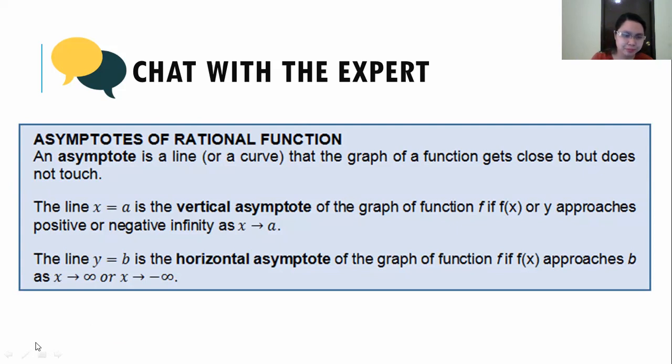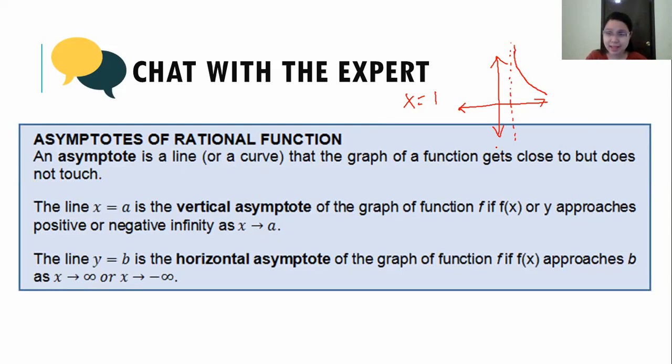For example, if your asymptote is x equals 1, then if this is 1, this will be our asymptote. So if you have a graph, it will just move closer to x equals 1, but it will never cross x equals 1.